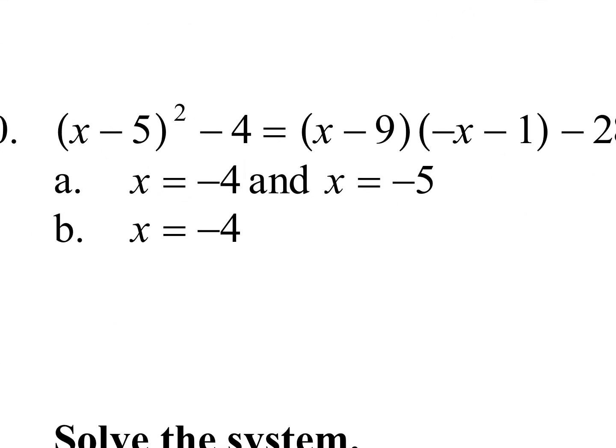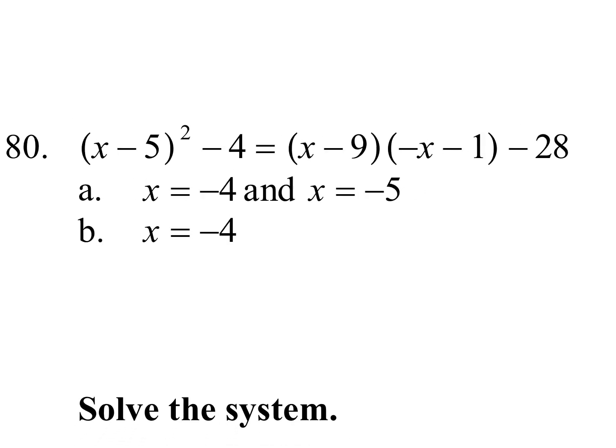Another way we could do it would be simplifying it by FOILing everything out, which may not be the quickest way, but if you're stuck, don't know what to do, plug in your answer choices. So what I would do is FOIL this. So we write it as x minus 5 times x minus 5, since it's squared. We write it twice. So this would be x squared minus 5x minus 5x plus 25.